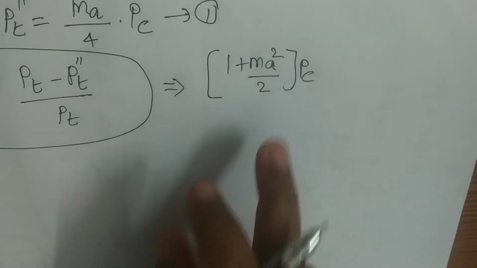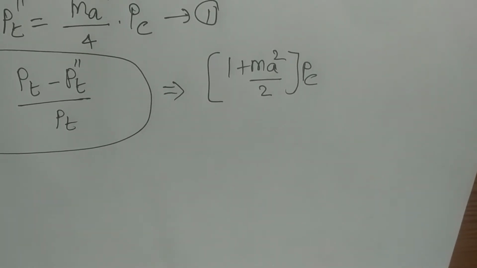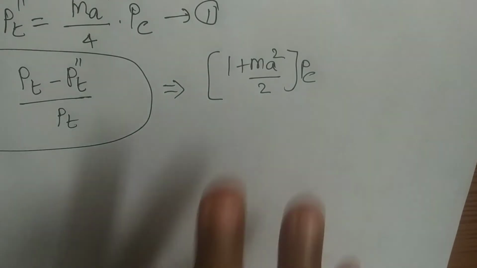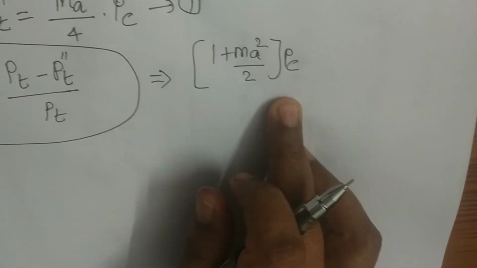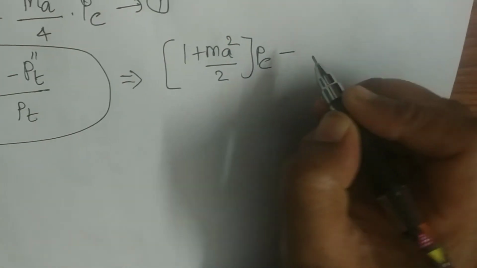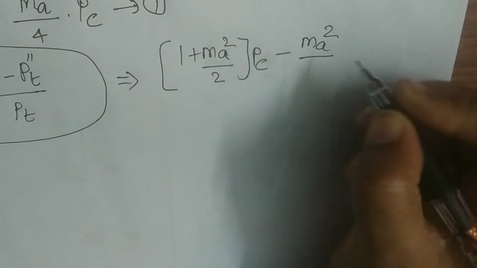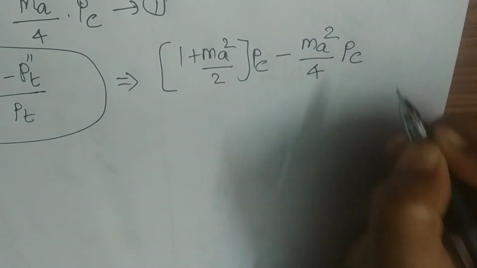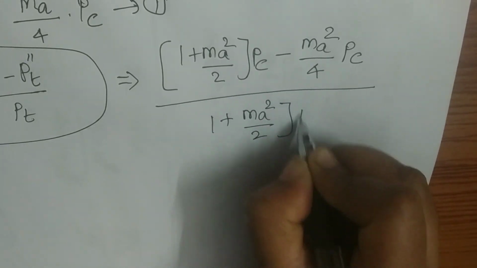This we get from double sideband full carrier amplitude modulation, the traditional amplitude modulation technique. So to understand the power calculation for SSB SC AM, you have to refer to the previous videos, then come back to this video. Minus the power equation for SSB SC, which is MA squared by 4 into PC, divided by the total power, 1 plus MA squared by 2 into PC.